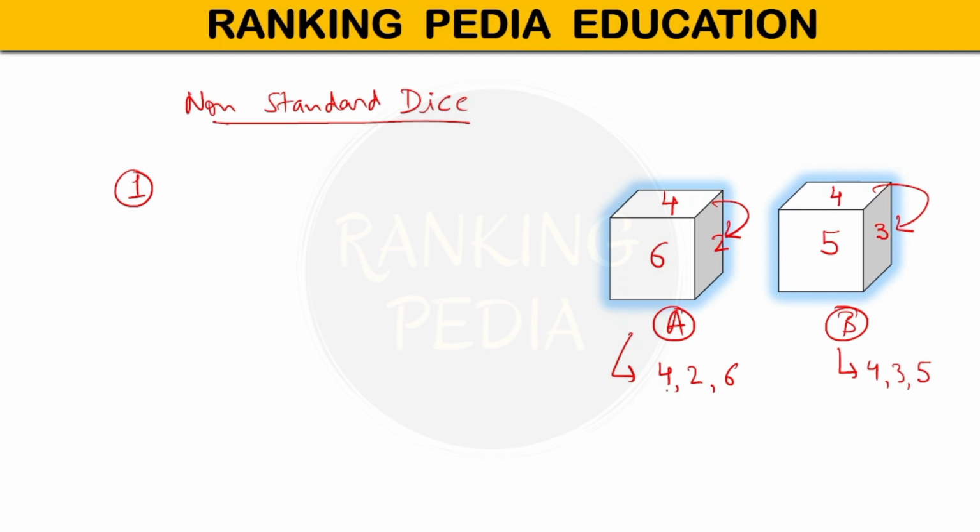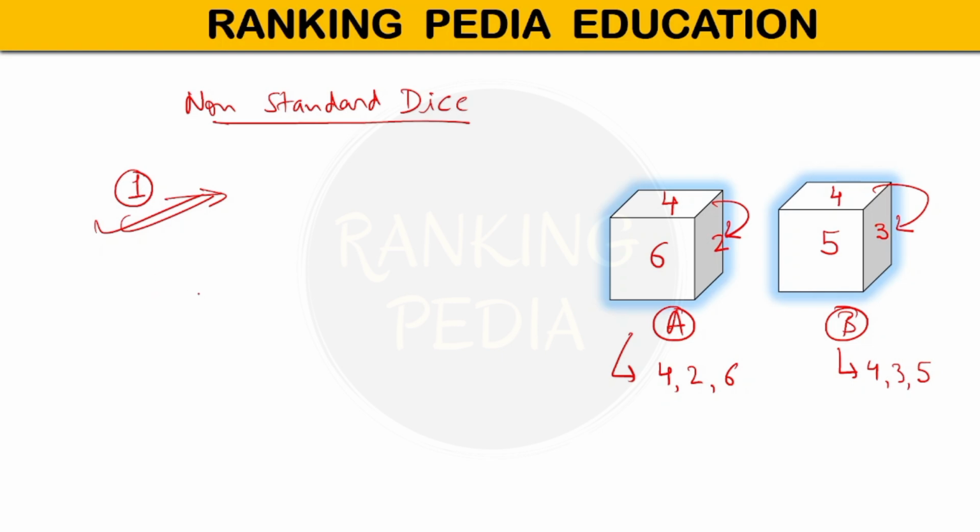So 4 is common in both the dice. The number which is not present in both A and B is 1. So the opposite of 4 will be 1, because on comparing the two dice, A and B, 1 is not found in either of them.